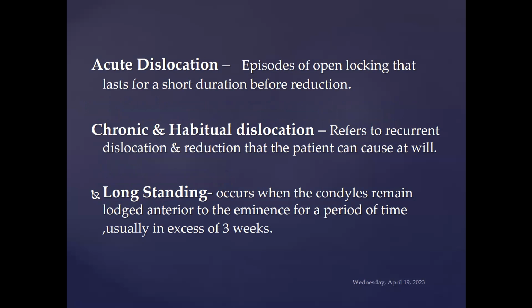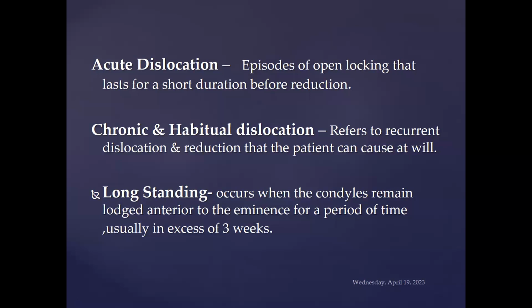Okay. What do you mean by chronic and habitual dislocation? As the name suggests, habitual dislocation refers to recurrent dislocation and reduction that the patient can cause at will. The patient will be able to slide the mandible forward over the articular eminence, and then he or she can bring it back to the normal position.